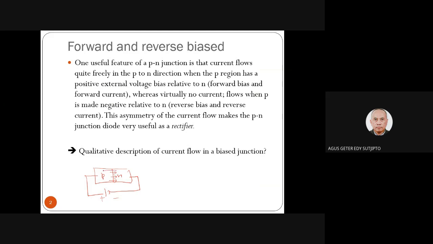This is the electron from the N region. So in this case, there will be a current flow in the circuit.